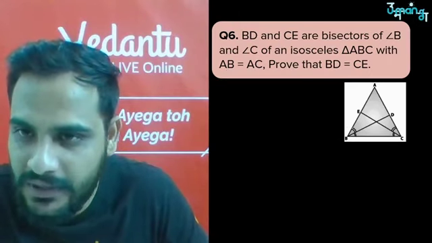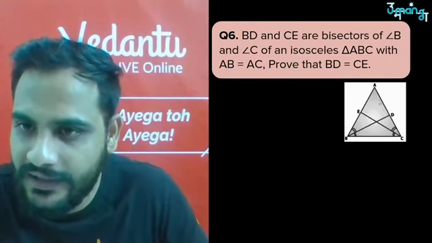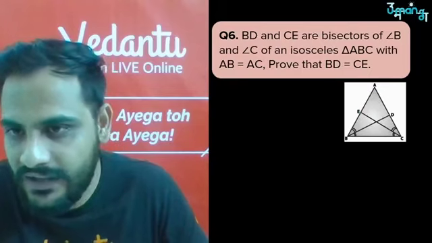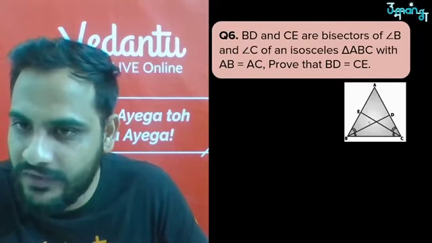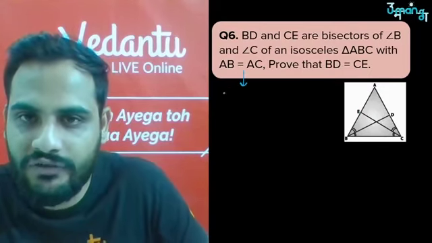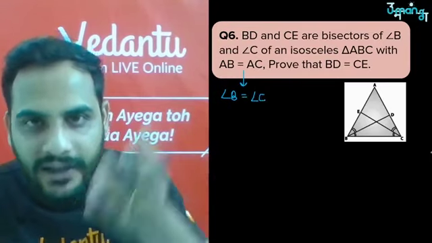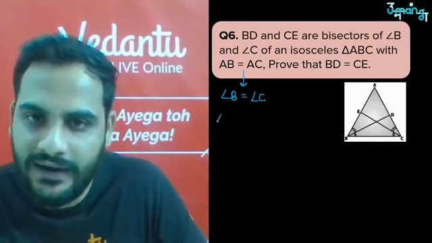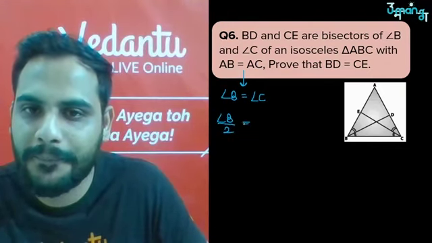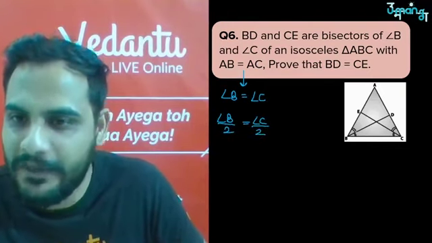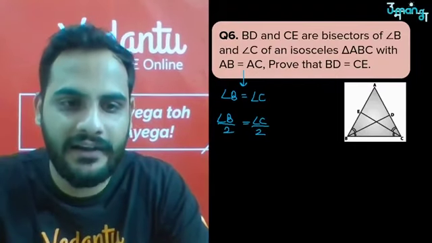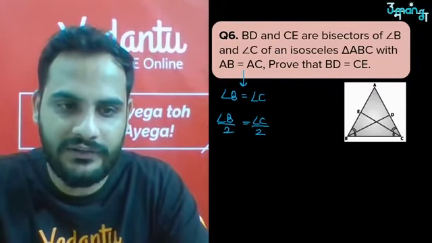So beta, if AB is equal to AC, I can see opposite to AB we have angle C, opposite to AC we have angle B. So I can say angle B will also be equal to angle C. If angle B and angle C are equal, their halves will also be equal. Correct? That means all these angles are equal to each other.